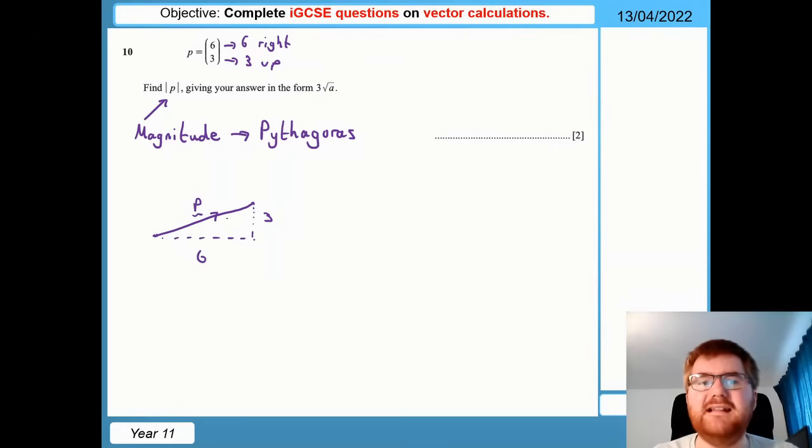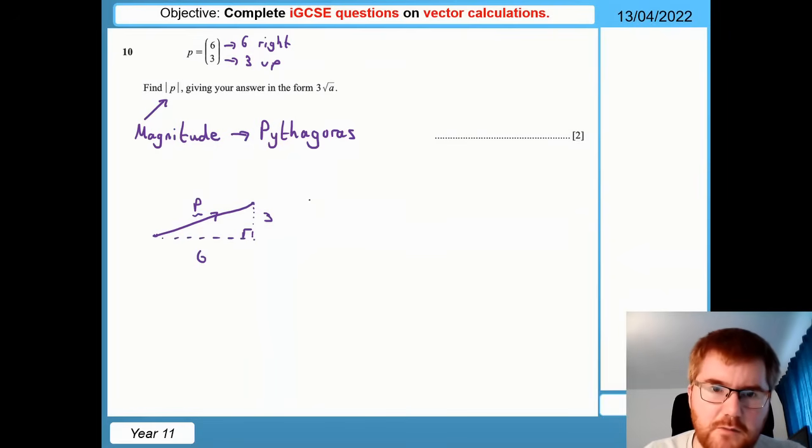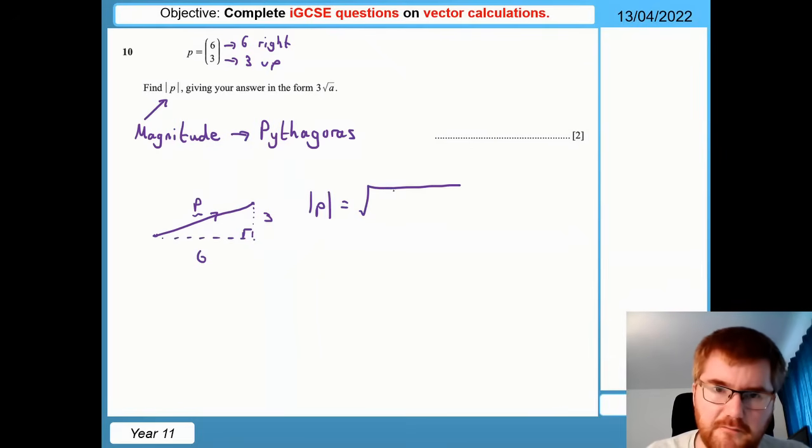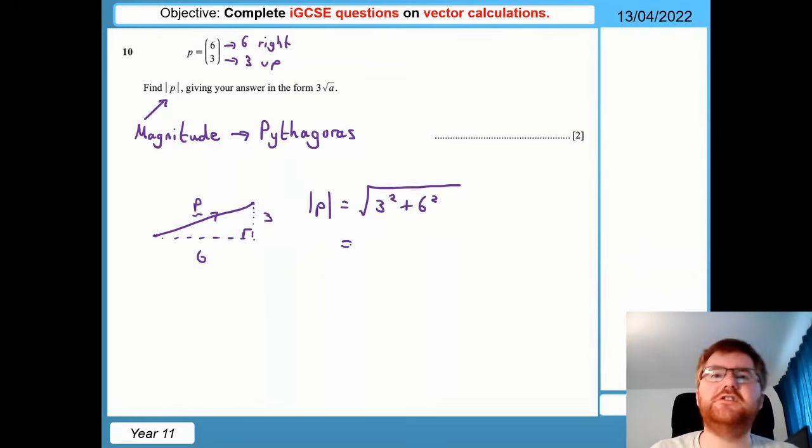And in order to work out the length of the line, we're going to use, as I've indicated here, Pythagoras. So to work out the magnitude of this vector, we can do this in one very simple calculation, which is the square root of 3 squared plus 6 squared. So this is actually going to turn into a surd question. Again, if you haven't checked out my all of IGCSE surds video, please do that in my playlist.